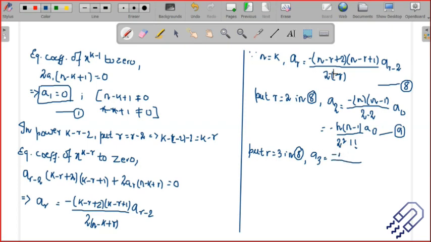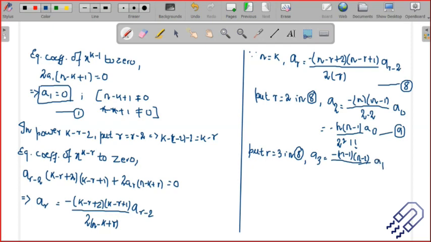So this is n and minus r, so r is 3, so minus 3 plus 2, so this is n minus 1, and then this is minus 3 plus 1, so it is 2, so it is n minus 2, and n minus 3, and then this is r minus 2, so this is 3 minus 2, so that is a1.